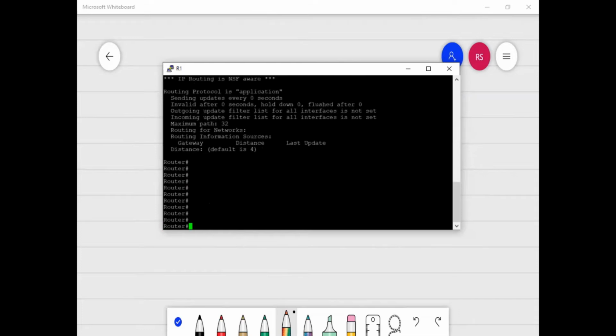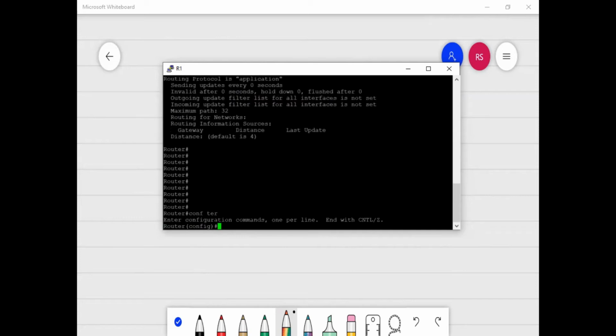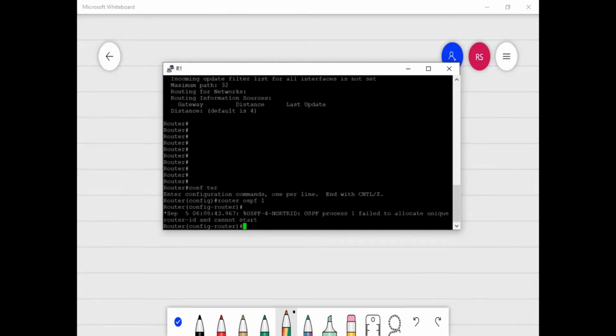There is nothing. So let us see. When we run the command config t, router OSPF 1, obviously it will try to start the OSPF process. But there is a condition. If that condition is not fulfilled, your OSPF will not start. Let me hit enter and see what happened.